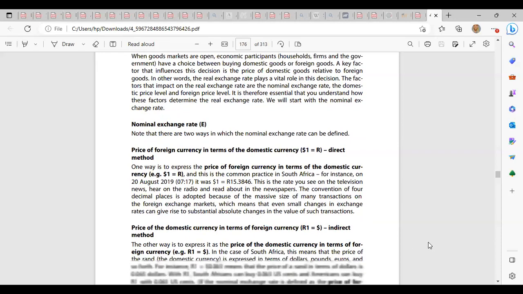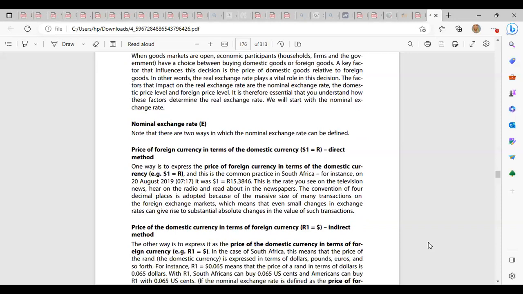I think I'm going to want to recheck this from another textbook, but it's okay. From the text that's given here, the direct method is $1 to such and such an amount of rands, and the indirect quotation is 1 rand to such and such an amount of US dollars, which is going to be 0 point something.